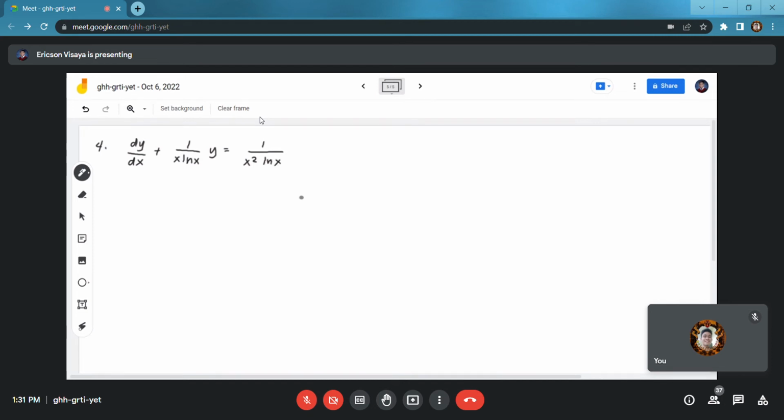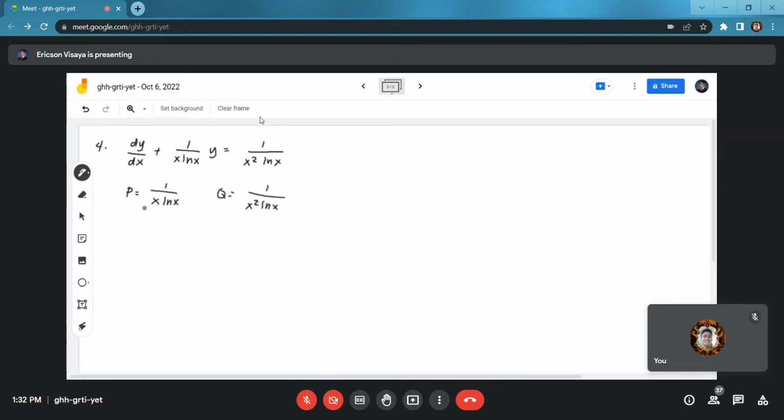This is already arranged in our LDE wherein our dependent variable is y. So let's first identify our P. P is equal to 1 over x ln x, and our Q is equal to 1 over x squared ln of x.